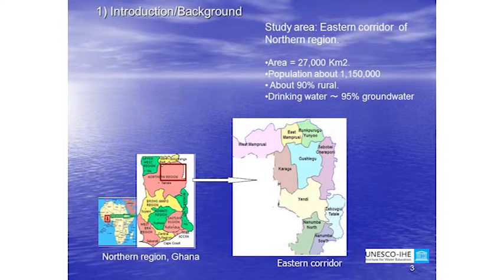It is made up of about 11 administrative districts covering an area of 27,000 kilometers with a population of about 1.1 million, and it's a very rural place. And like many of the people have indicated, about 95% of drinking water source in that area is based on groundwater.